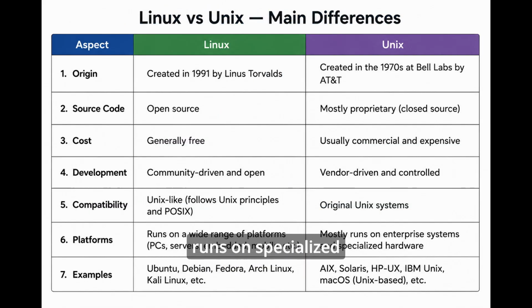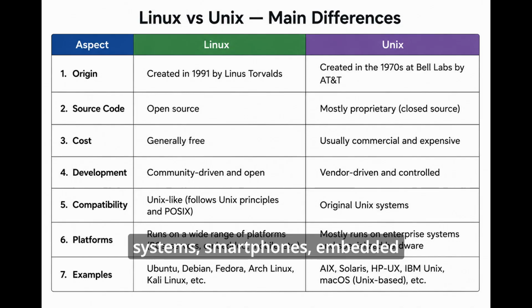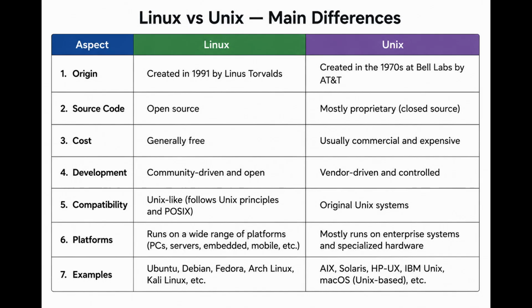Unix traditionally runs on specialized enterprise hardware. Linux runs almost everywhere. Linux supports an enormous range of hardware platforms including personal computers, enterprise servers, ARM systems, smartphones, embedded devices, supercomputers, industrial hardware, and even low-cost educational boards such as the Raspberry Pi. This flexibility helped Linux dominate modern computing.